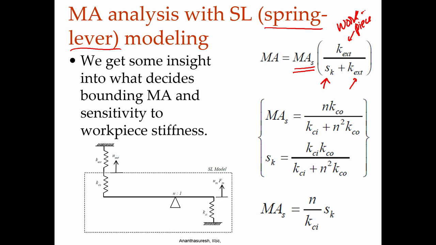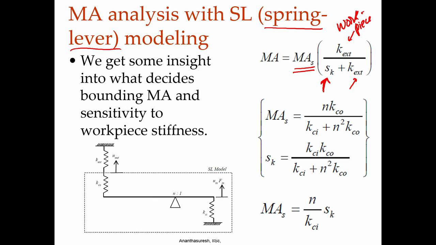It is nice to have, right, because you do not have to design one for handling very flexible objects, one for rigid objects. So, if you want to have one mechanism that works for a large range of workpiece stiffness, that will be good. For that you have to make sure that this Sk is small. If it is 0, that is ideal, otherwise you make it as small as possible.